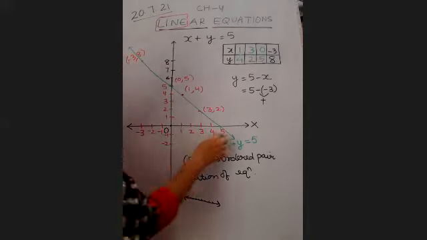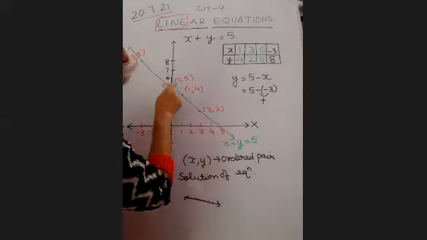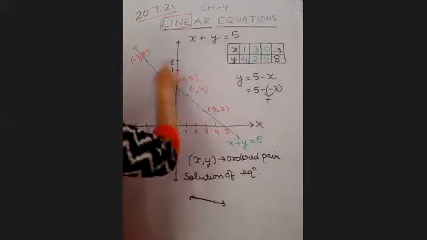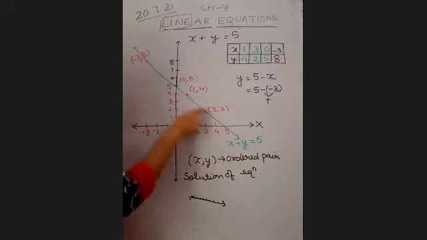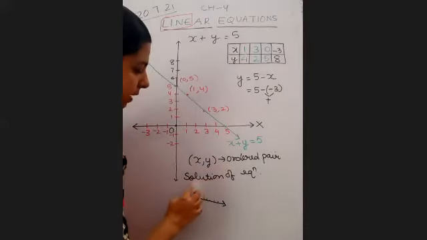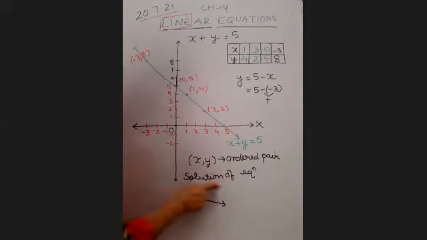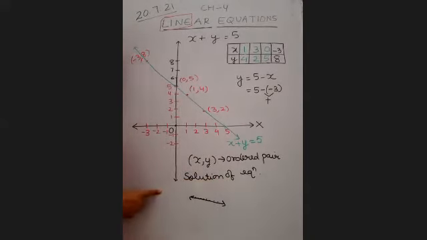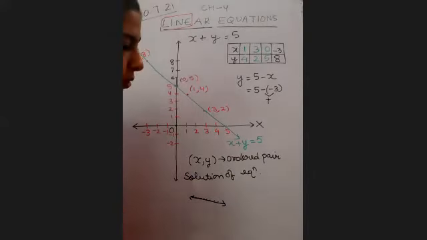And there can be infinite possible points, ordered pairs, satisfying the given equation. And all those ordered pairs are known as what? Solution of equation.